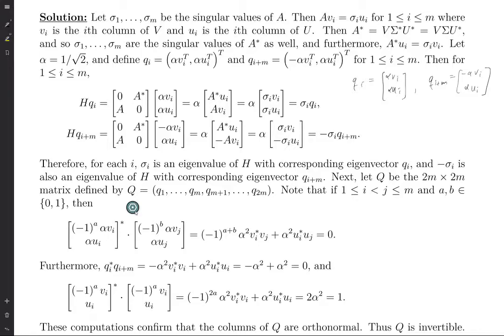Those two scenarios are not covered by this equation. But every other scenario is covered by choosing some values of i and j and some values of a and b.